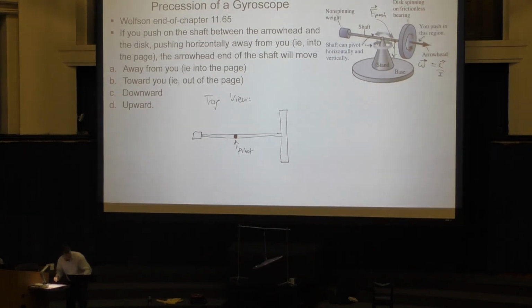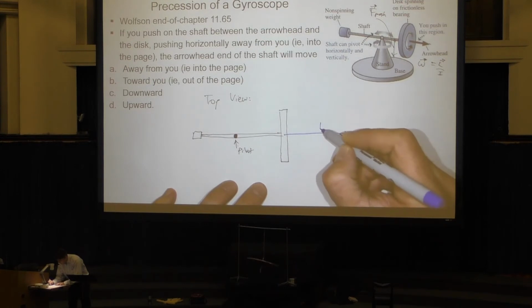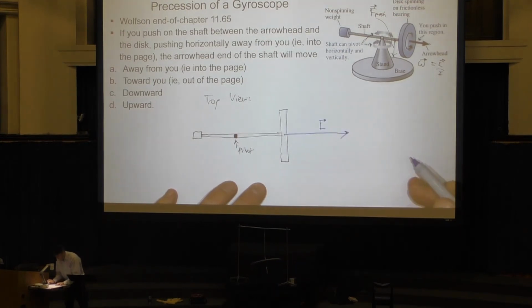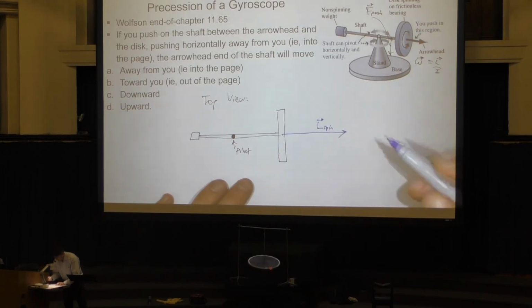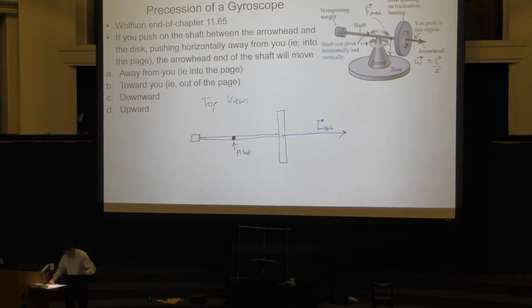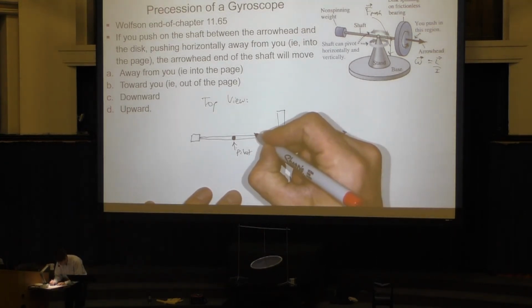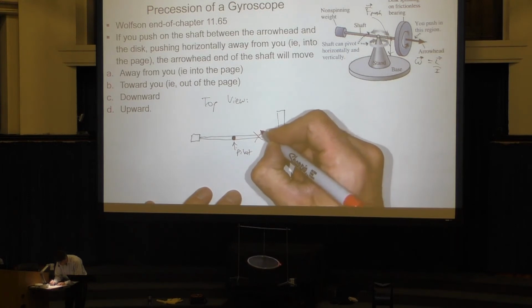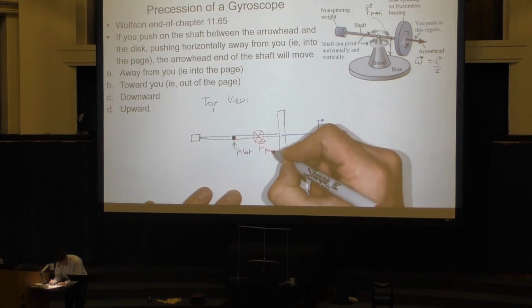And this big spinning disc, drawn in blue, has a big L vector going this way, L, because it's spinning. And then what happens is we're going to apply a force here, which maybe I'll draw in red, which is down. So this is into the page, F push.